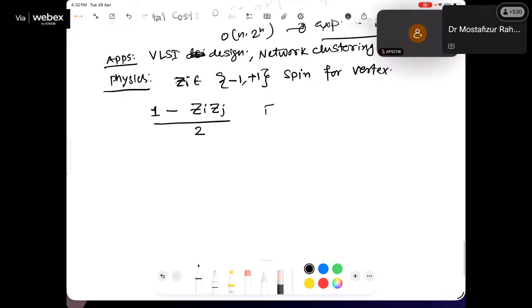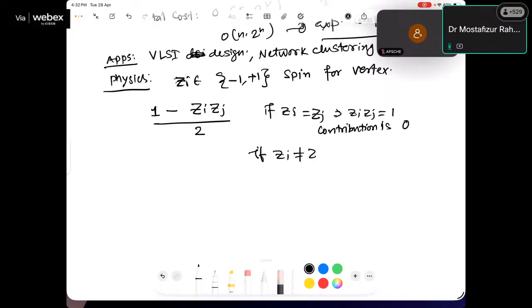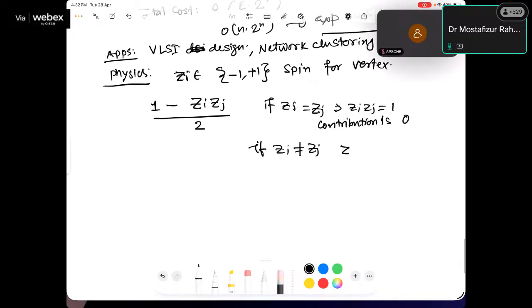If gi equals gj, that means gi gj equals 1. That means 1 times 1 is 1, and minus 1 times minus 1 is also 1. That means the contribution is 0. We define it in this way. And if gi is not equal to gj, that means opposite spins are there, so gi times gj equals -1. Then the contribution equals 1.